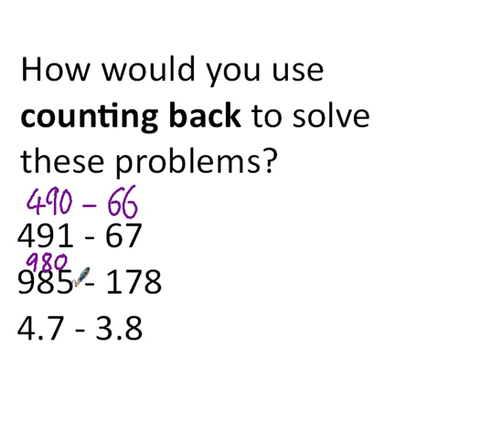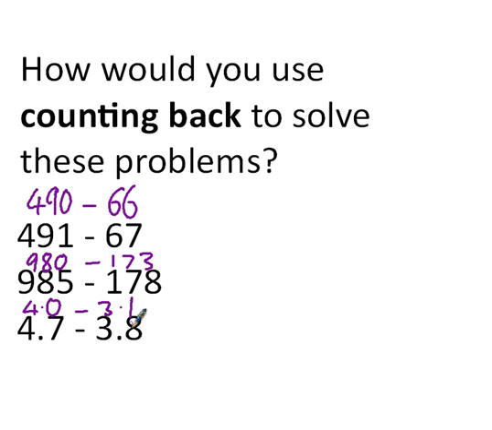So I would count back 5 first of all, and then I would only need to count back a further 173. And with this one, I would count down to 4.0, so that means I've counted down so far 0.7, and then I would only need to take away a further 3.1.